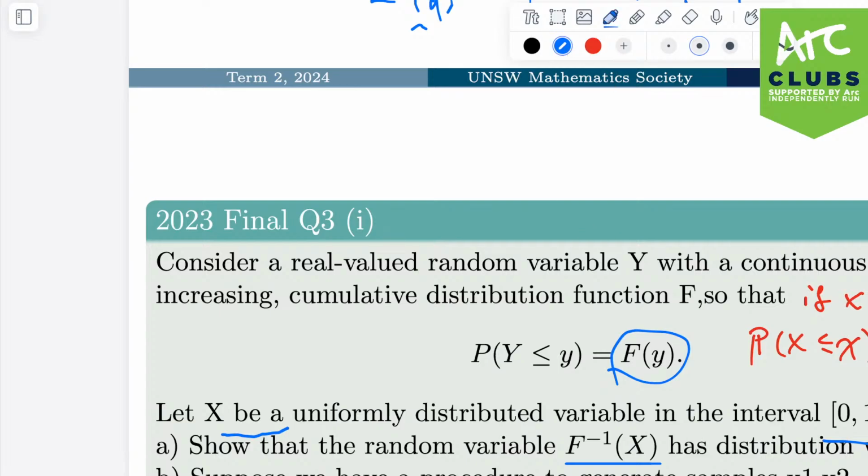And we already have x1 and x2 from X. Then we can just apply F inverse to them so that we generate samples that follow F of y. Does that make sense?